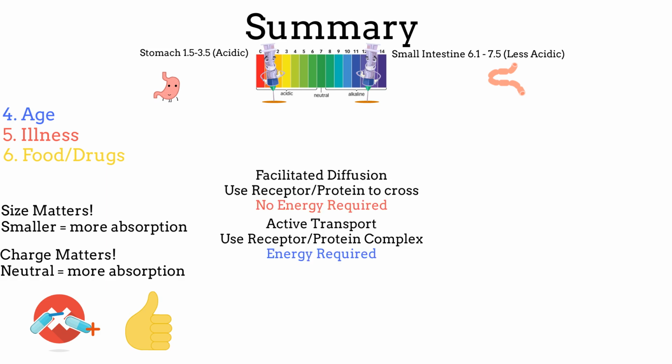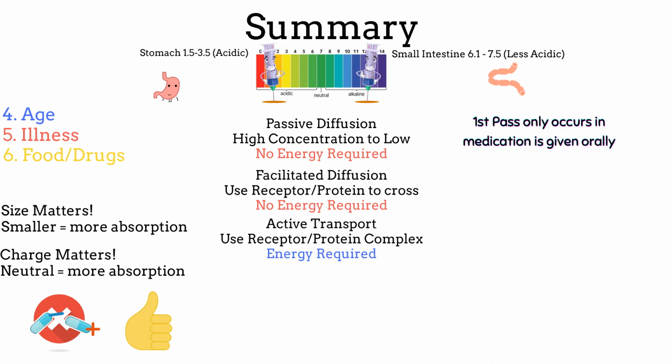Understand the differences in absorption at the cellular level, the difference between passive diffusion, facilitated diffusion, and active transport. Which ones require energy and which ones do not. First pass effect or first pass metabolism only happens for medications that are administered orally.